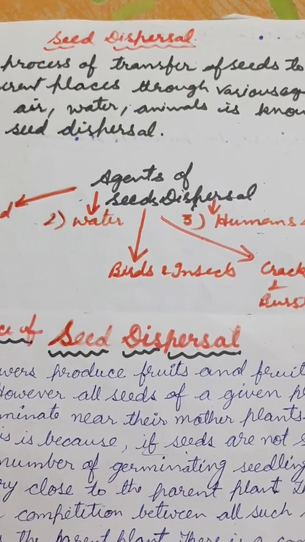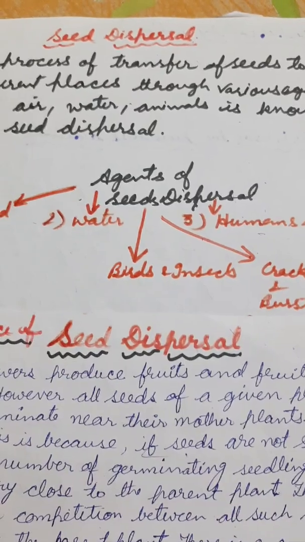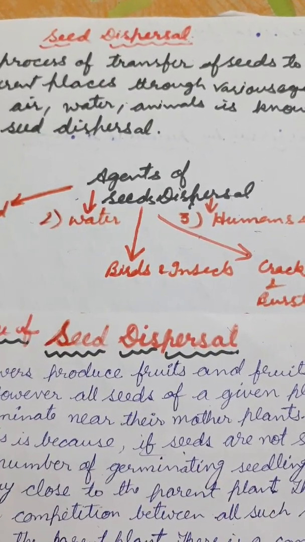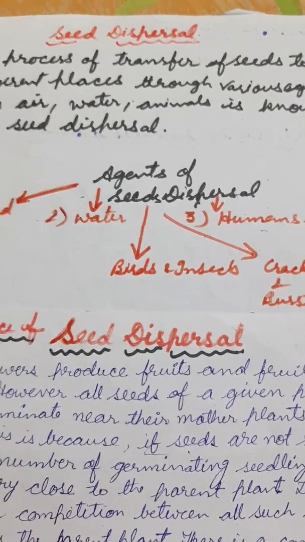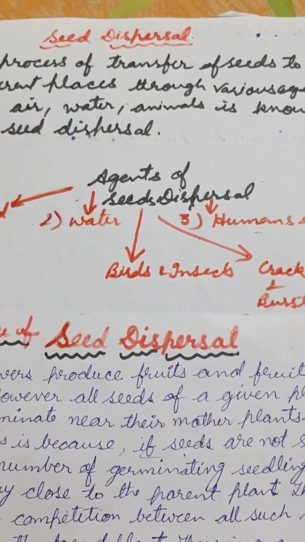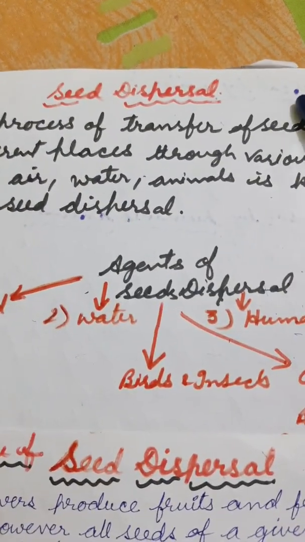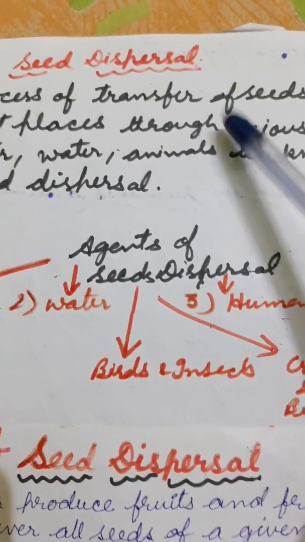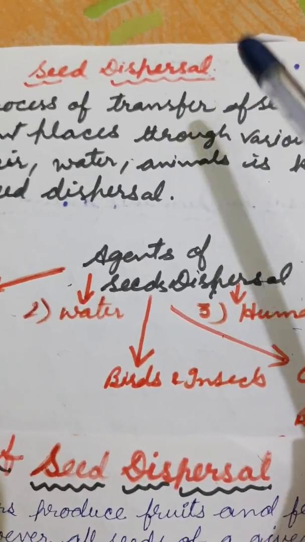Do they always get rooted near their parent plant, or sometimes at distant places as well? Seeds can be dispersed at nearby or at distant places as well. It is all thanks to the process of seed dispersal. So, today we will learn about the dispersal of seeds.